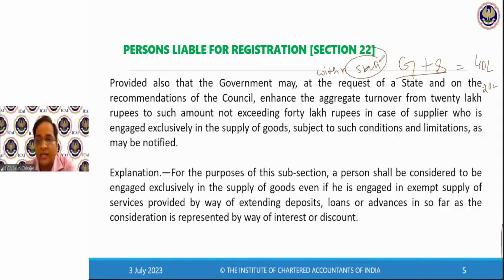Who has enhanced the threshold limit from 10 to 20, special category? My question is, if you are making the supply of goods as well as services, will the limit be 20, 40 or 0? The answer is, because I am not only engaged in goods, the limit would not be 40, it will be 20. Suppose I am only supplying services.